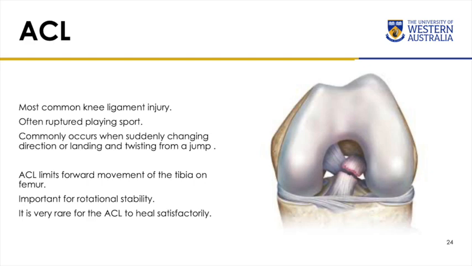It's the most common knee ligament injury and is often ruptured playing sports, typically pivoting sports such as football, netball, rugby. Commonly it occurs when suddenly changing direction or landing and twisting from a jump.